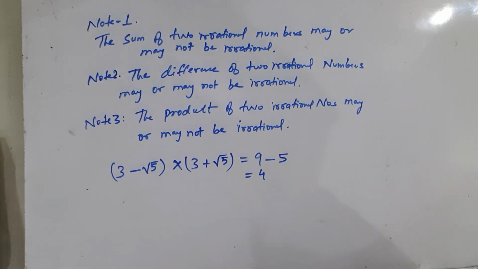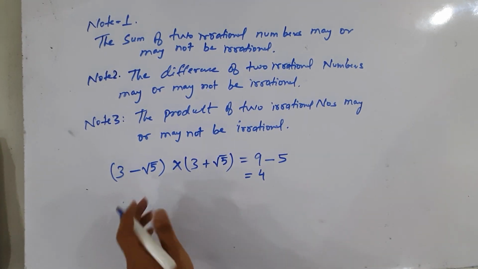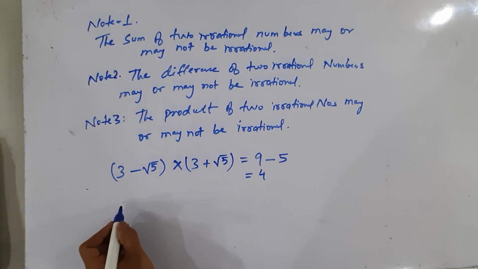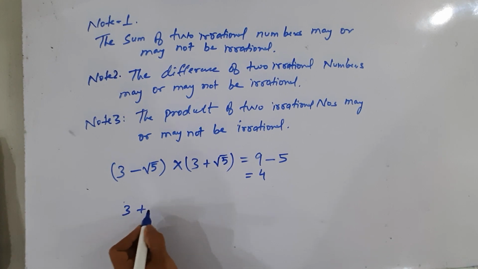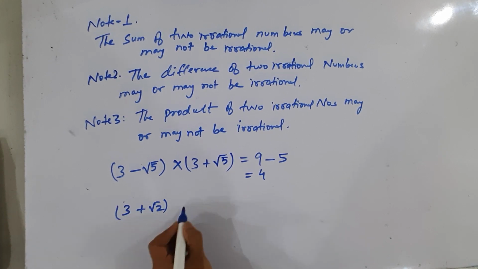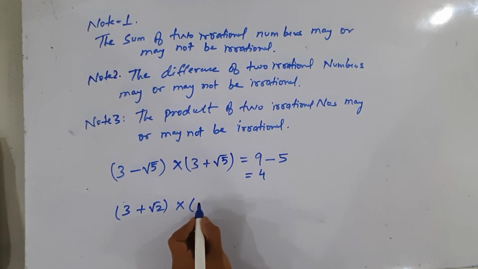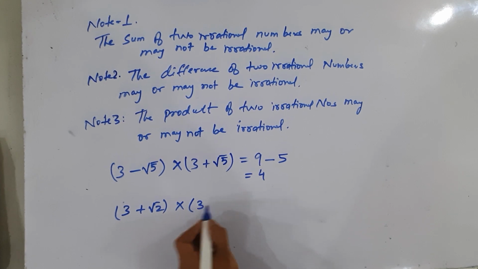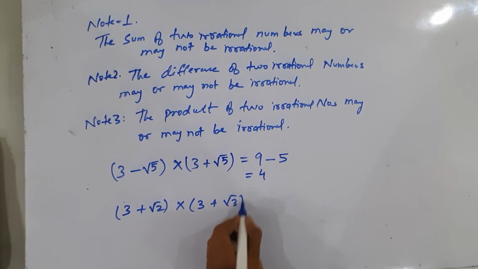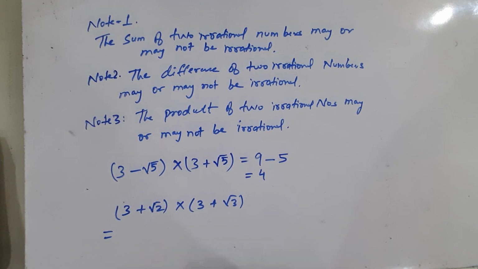Similarly, if we take another example, 3 plus root 2 and another, 3 plus root 3. So if we go on solving, we have to multiply the first term with both the values.